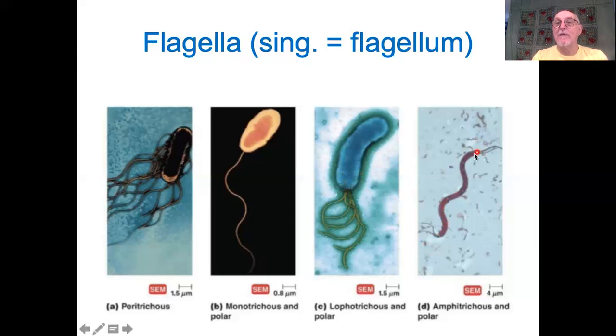They are at both ends. This whole thing here is a spirillum, a spirilla bacterium, but they have a bunch of flagella at one end here and a bunch at that end there. And those are amphitrichous and polar. So there's lophotrichous, one bunch, polar at the end. These are amphitrichous at both ends and in a bunch.